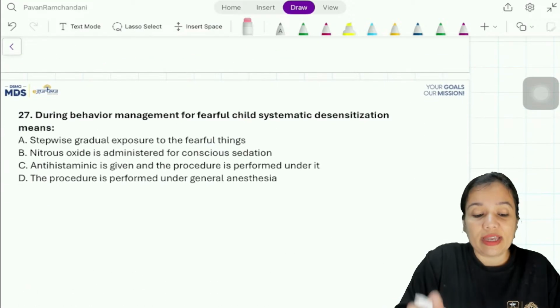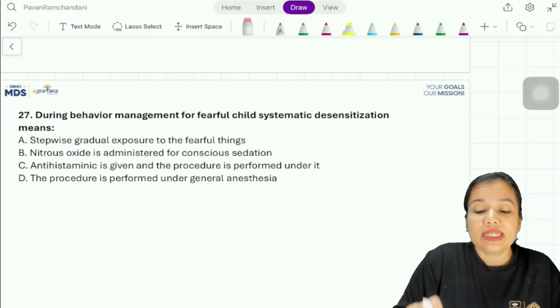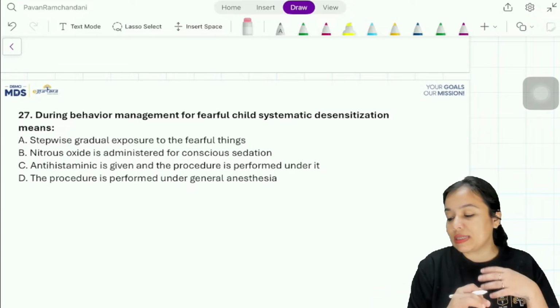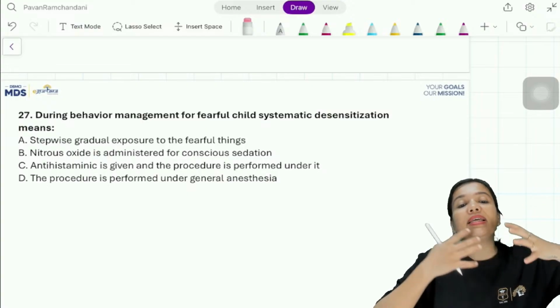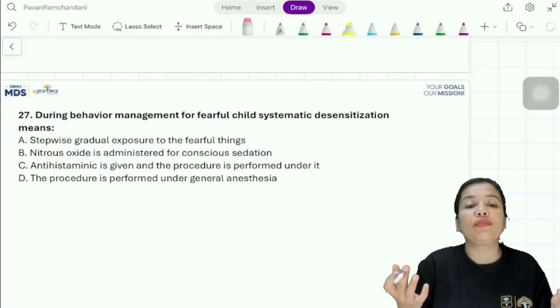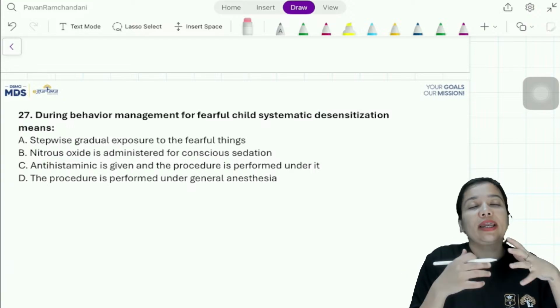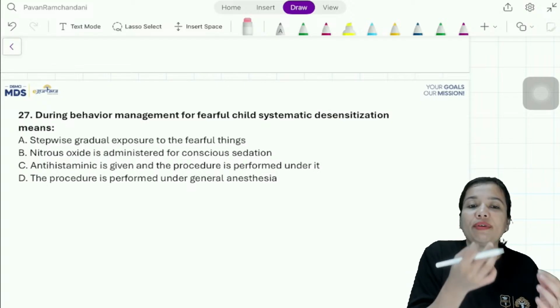Question number 27. During behavior management for fearful child, systematic desensitization means. So what is systematic desensitization? Slowly and steadily increasing the severity of the treatment. That means you first just do an oral screening, then you just do a hand scaling, then you start with cavity drilling.